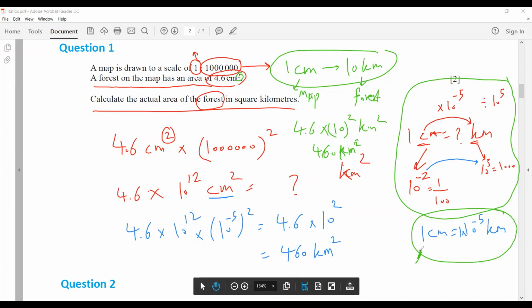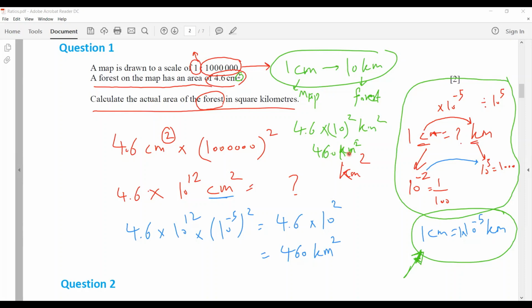I would say you should know this conversion, cm to kilometer. So it's up to you which method you want to use. As long as you know the concept, it should be okay. Whether you do the conversion at the end, or you do the conversion first and stick to that all the way till the end.